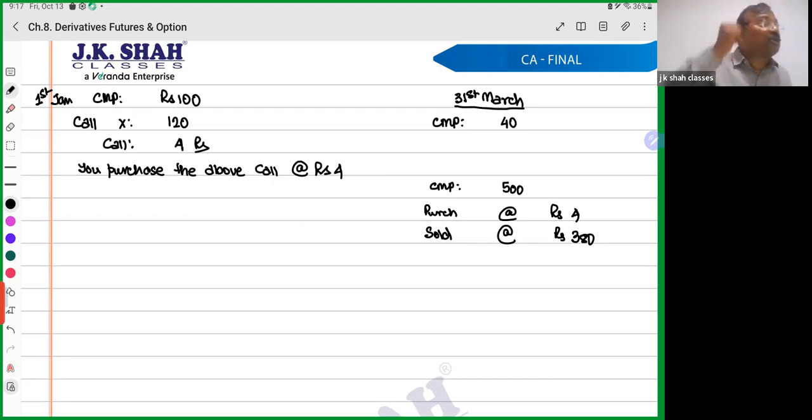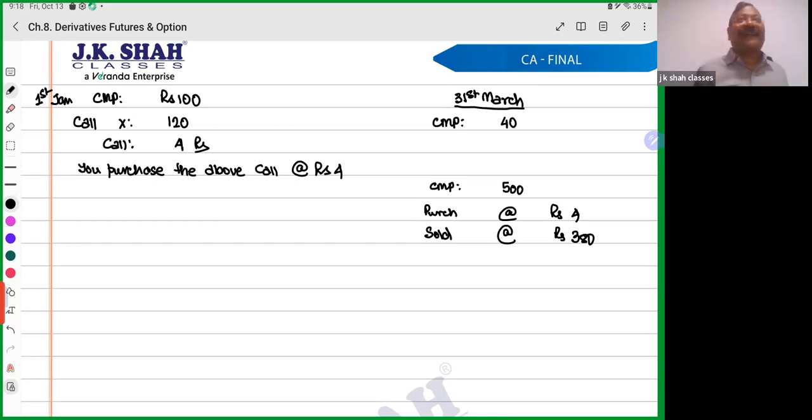Now this is different from futures. See, futures, when you buy at say 100 and you square it off at 300, how much is the profit? Futures, you buy at 100, square it off at 400. How much is the check you will receive from the broker? 300. Why? Because when you purchase futures, remember, you did not have to pay anything.